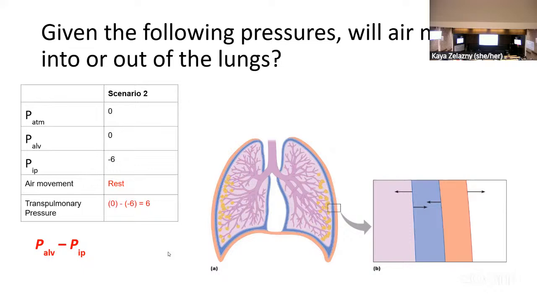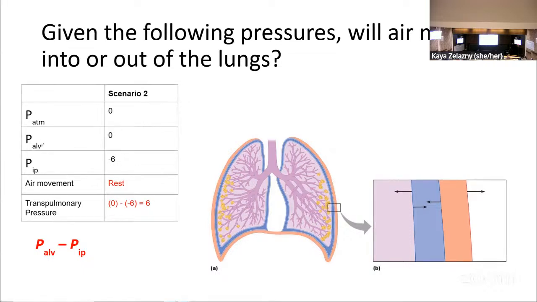The final scenario is the same, but we are looking at a system at rest. Our alveolar pressure and our atmospheric pressure are equal. This means we have no pressure gradient, so no flow is happening. We're not moving air in or out of the lung at this point. We're at rest, but even at rest, we still have a negative intrapleural pressure.